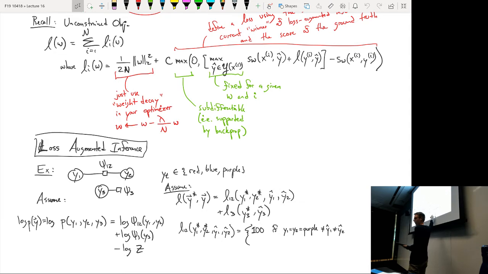So basically, the color purple here is extremely important. If these are both purple, and you're not predicting these two correct, you get a really high loss.